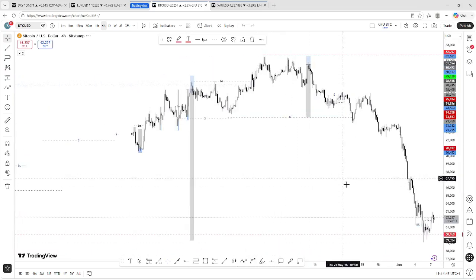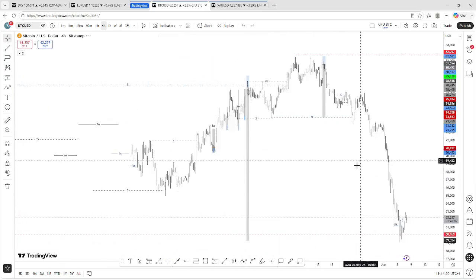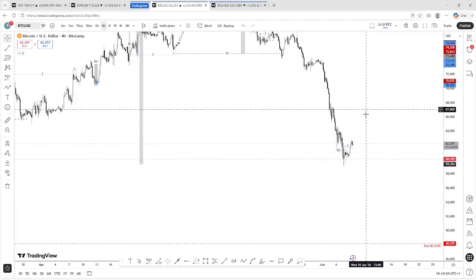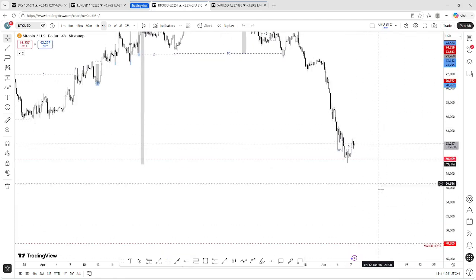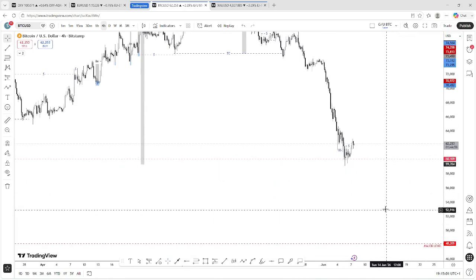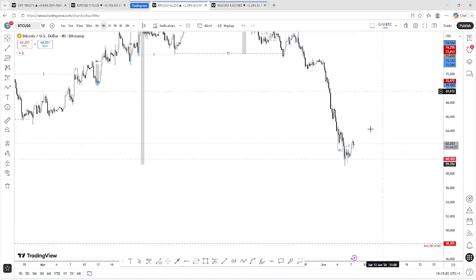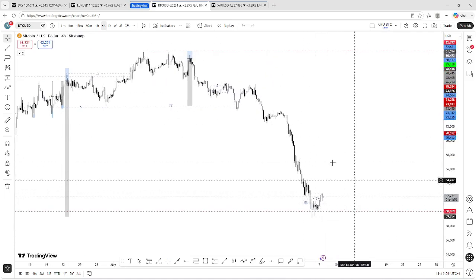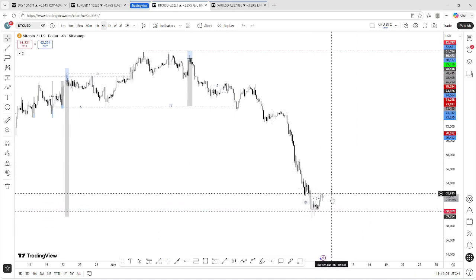Yes, probably this can be a start of a correction, but I don't really think so. I think this market can still tank to around 48,000 levels, or maybe to around 50,000 before we start any good correction. But probably this can be a 4-hour correction before we continue to the downside.